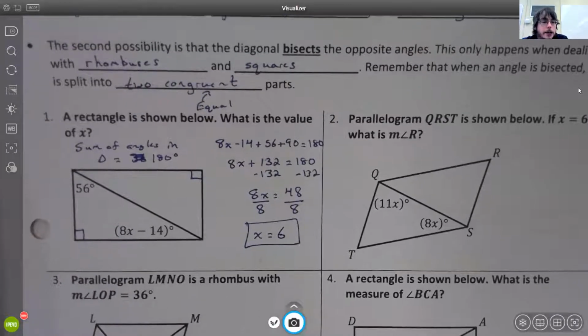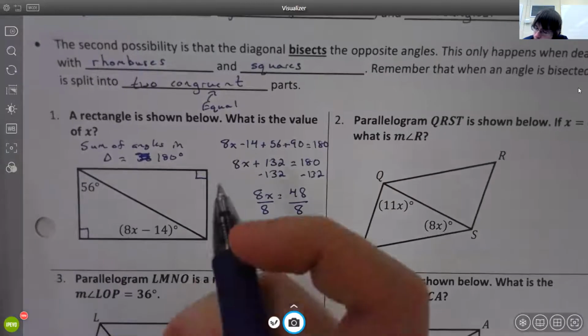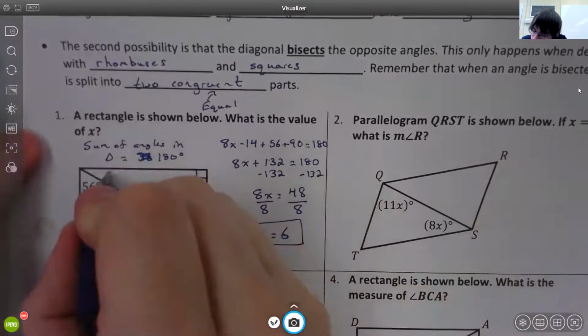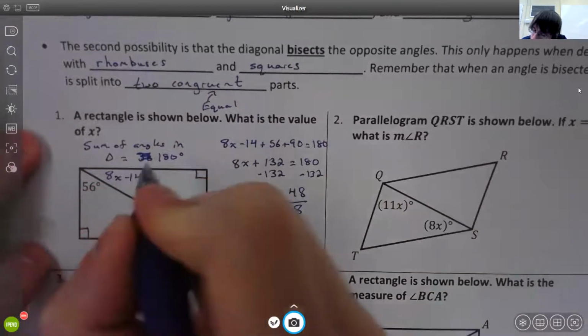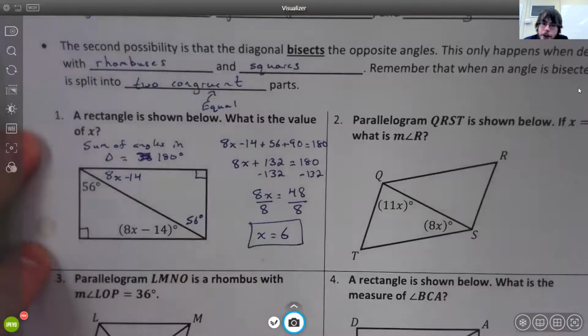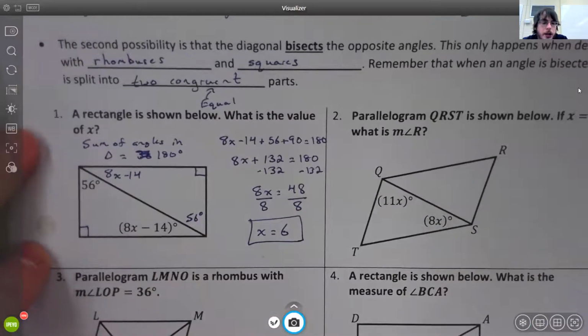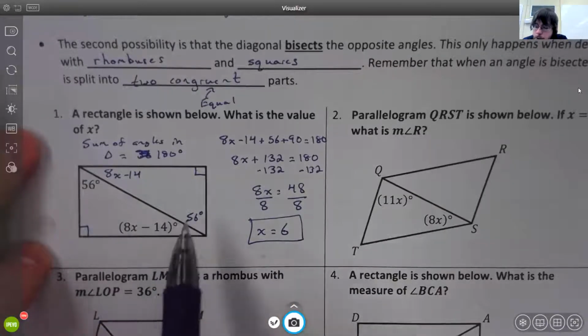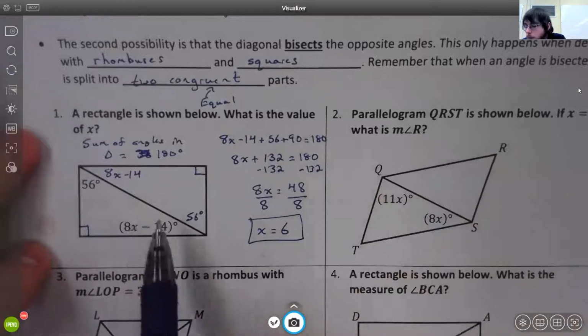Now, there are other ways to figure that out. You could also know that since all of these are right angles, and since these are parallel lines, this would be the same as 8x minus 14, and this would be the same as 56. So there are a bunch of different ways that you could do it, okay? So pick a way that makes sense to you. You could have added those two together and set them equal to 90.